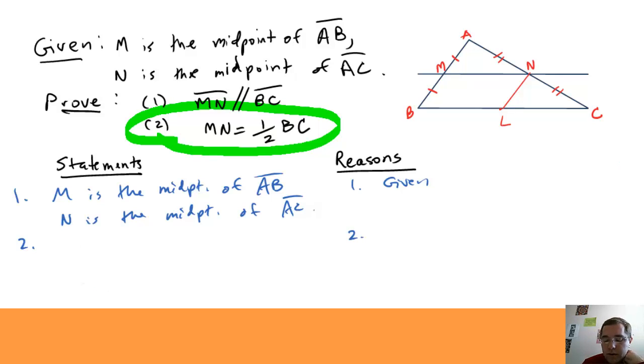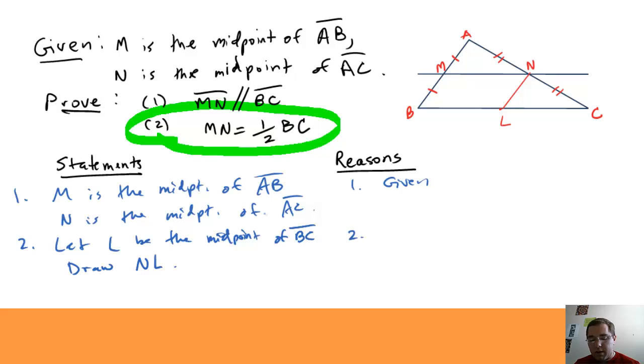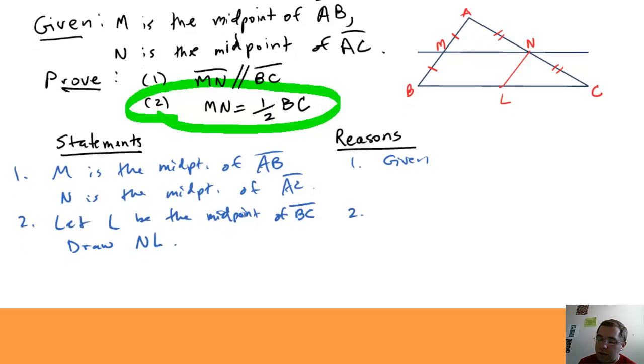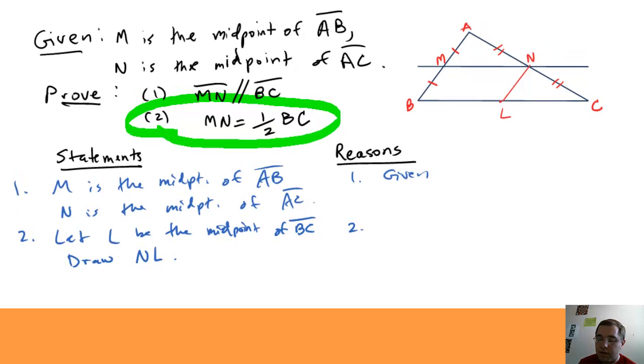So in my proof I'm going to write let L be the midpoint of BC, draw NL. I know that midpoint must exist, so I'm capable of drawing it. And there's really no need to give a reason for that.